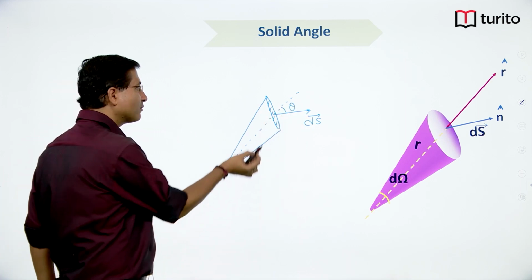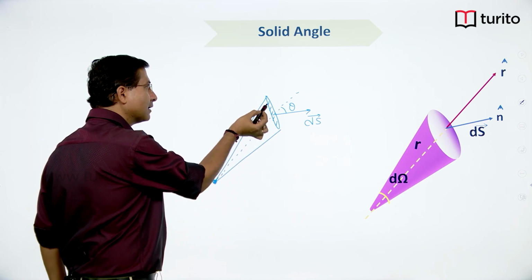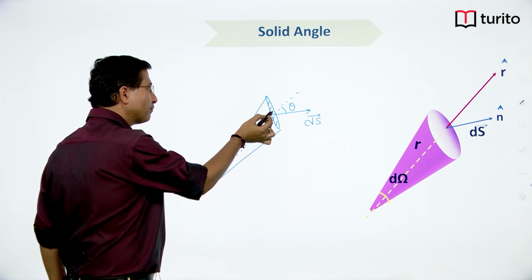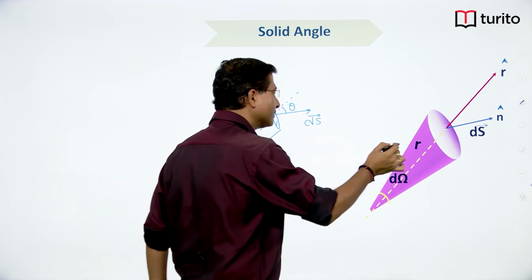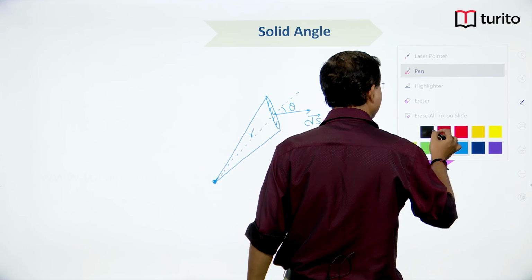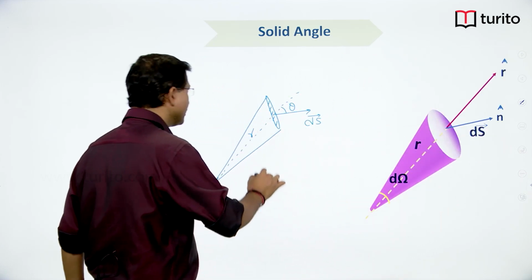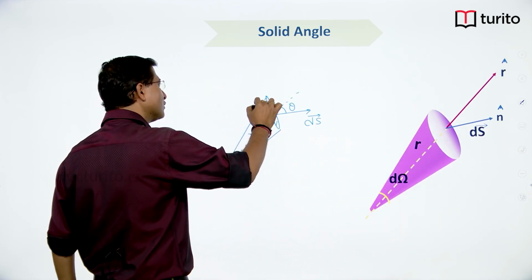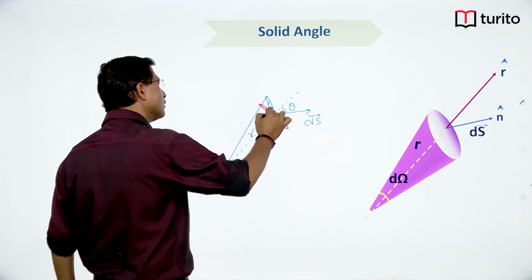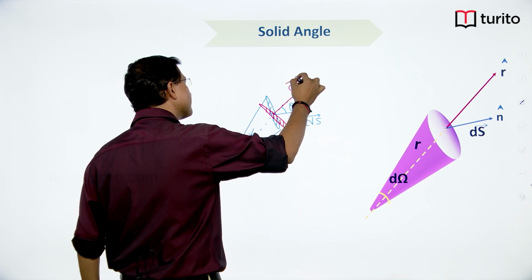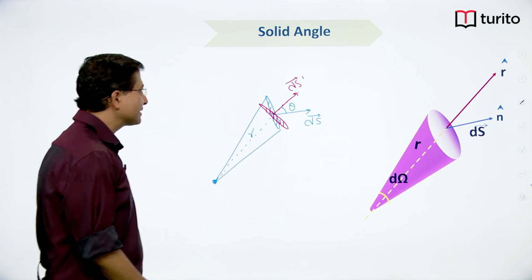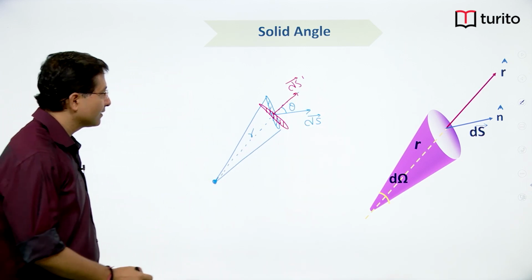So here what I require is the projection of the area perpendicular to this r. So if I take the element in such a way, I am calling it ds dash, right.